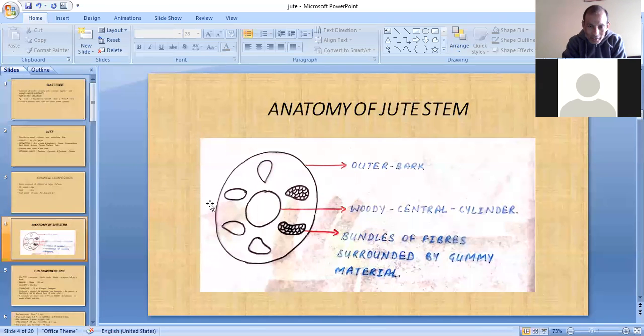As I have mentioned earlier in the first slide, this part is woody central cylinder in the center, and outside this periphery is indicating outer bark, and these are fiber bundles which are surrounded by gummy material. So between the bark and this woody cylinder of stem, these fibers are found in bundles. So this is anatomy of jute stem.